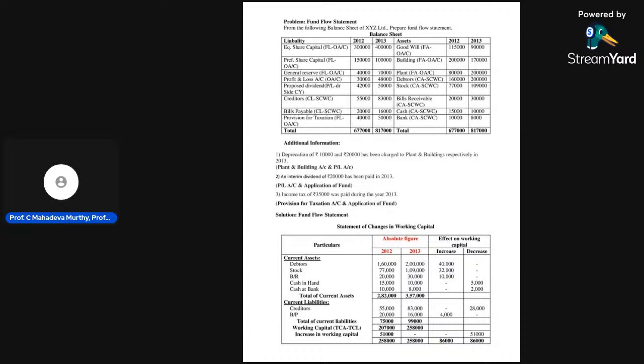What happened here? This is a liability, this is not an asset. In 2012, the liability is 55,000. But in 2013, it increases. Liability increases to 83,000.